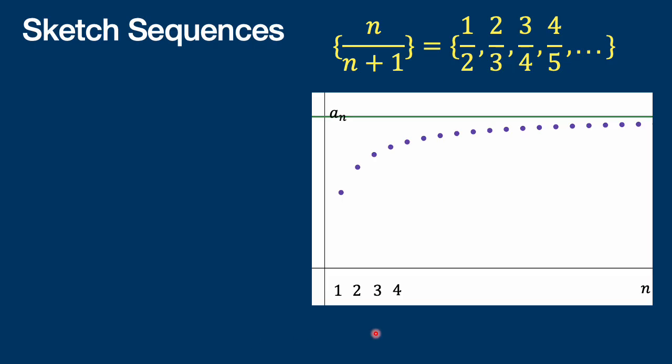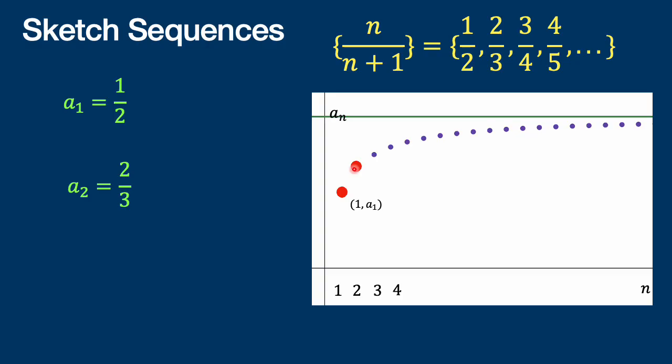First one is, guys, look at this. First one is A1. That's n equals 1. A1, the y value is 1 over 2. That's what you're going to plot, okay? So that's the first term, A1. What is A2? That's going to be A2, the second term, 2 over 3. Here n is 2.